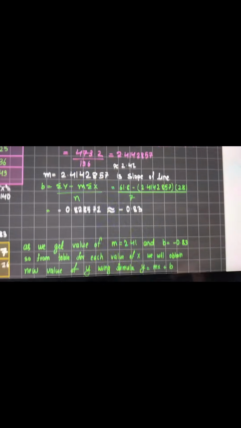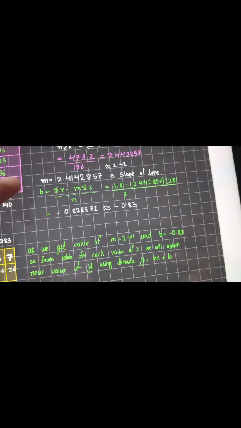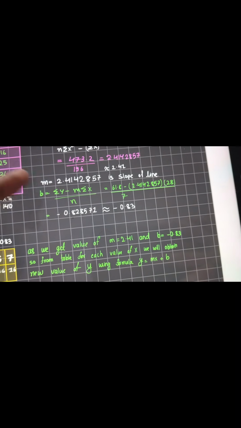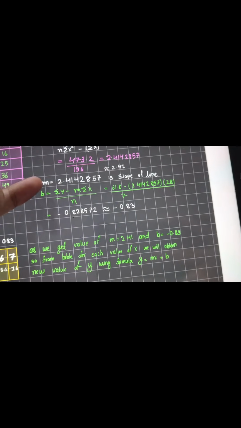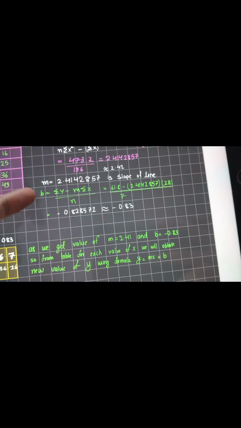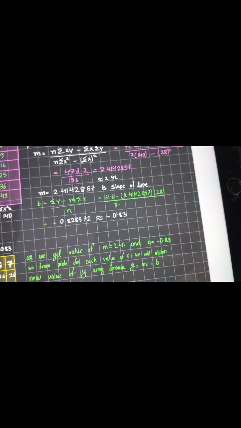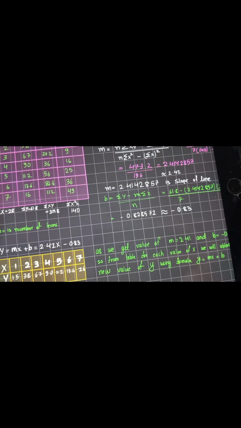Now this b means the constant c, okay? For calculating the value of c, we use the formula c equals summation y minus m times summation x, divided by n. N means the number of observations. Like we have here 1, 2, 3, 4, 5, 6, 7 observations.